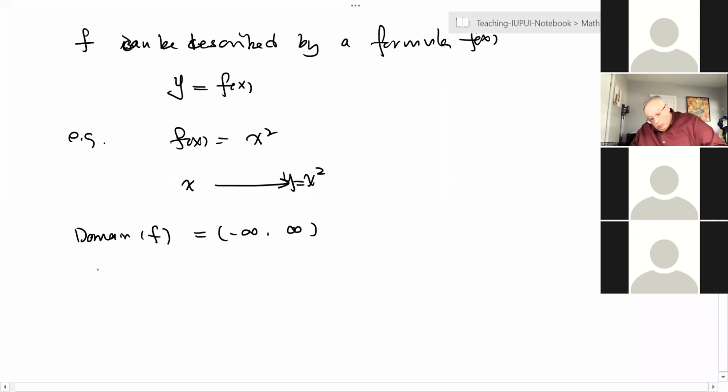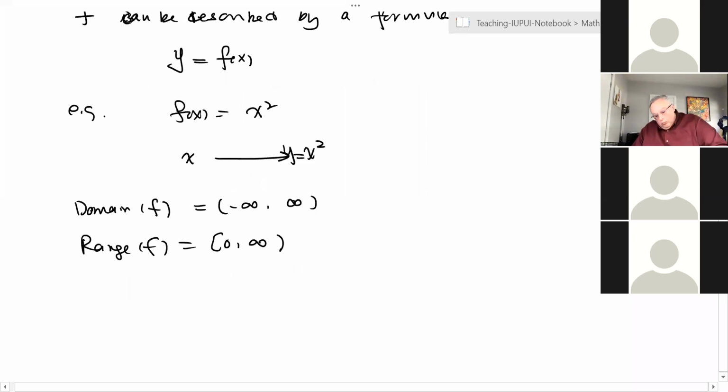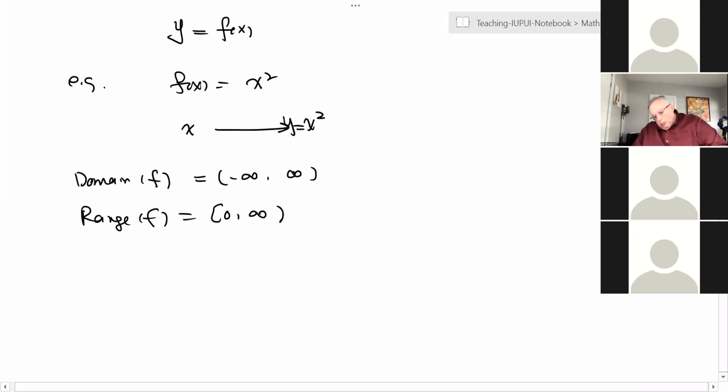But the range of the function is not the whole line, because you square it, and if you square it, you always get a non-negative number. So the range of this function is from 0 to infinity. So that is the domain and the range.